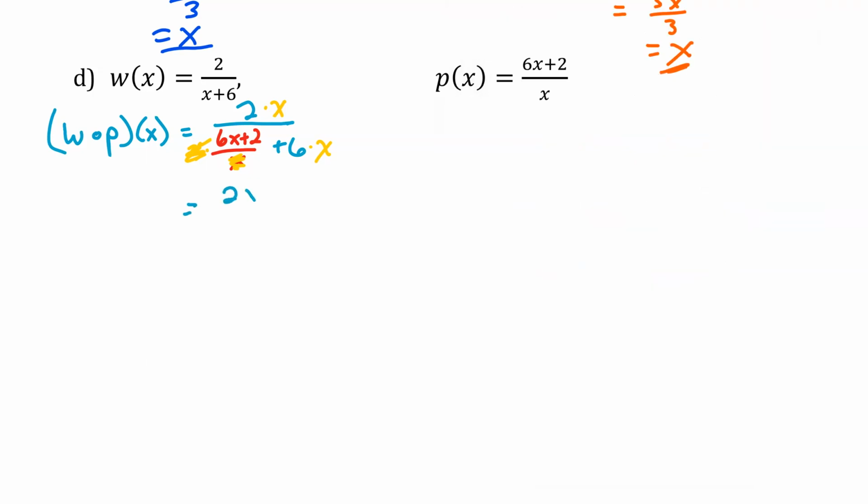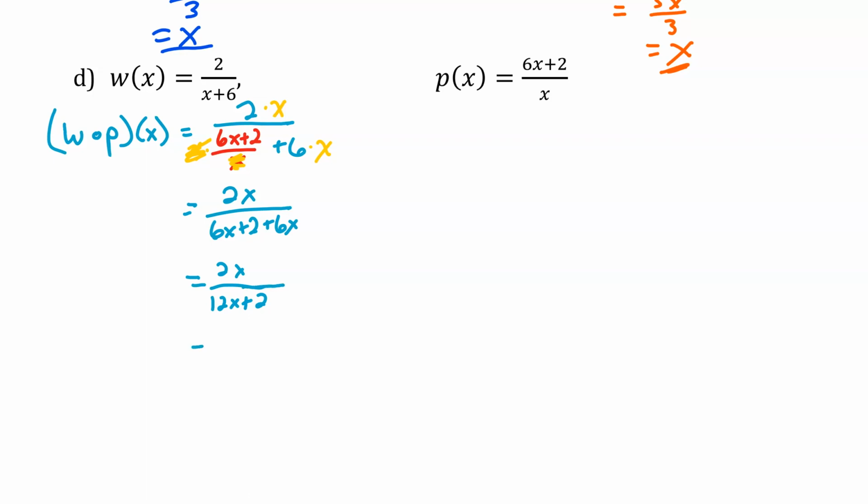This will leave me with a 2x on the numerator. On the denominator, it will leave me with this 6x plus 2 plus a 6x. So I have a 2x on the numerator, and I have a 12x plus 2 on the denominator.